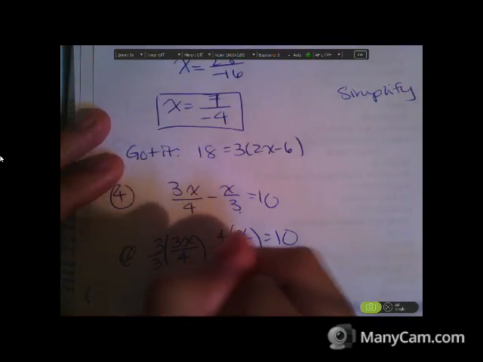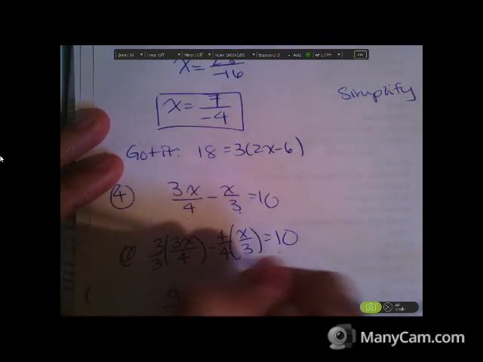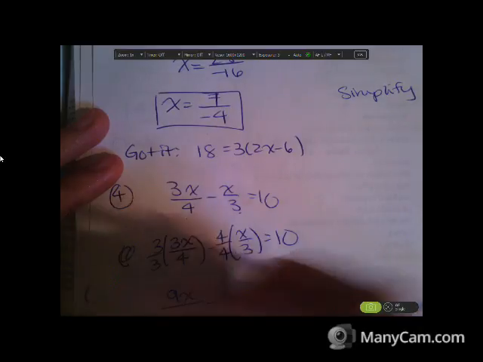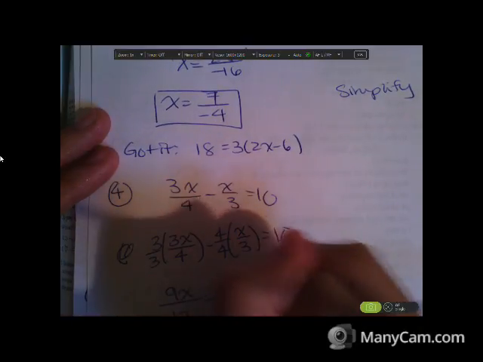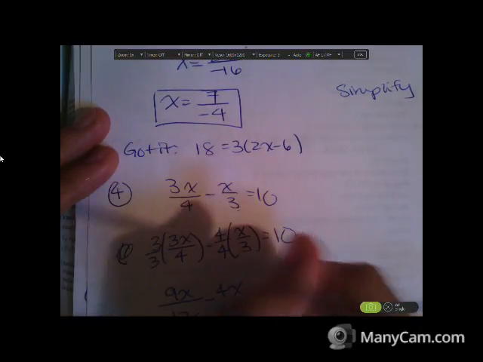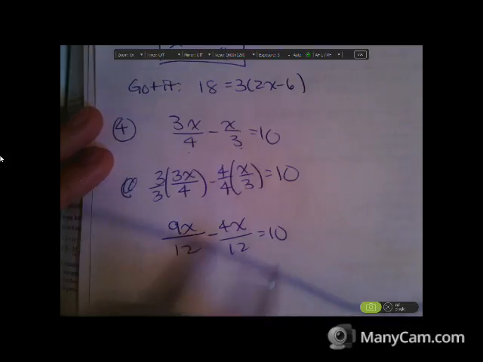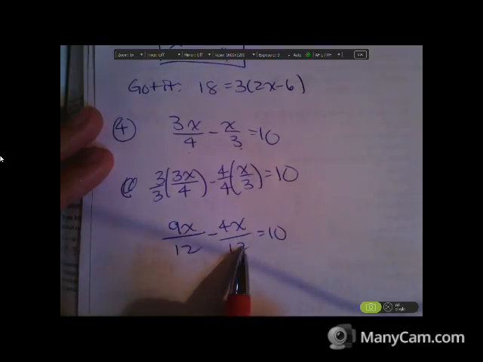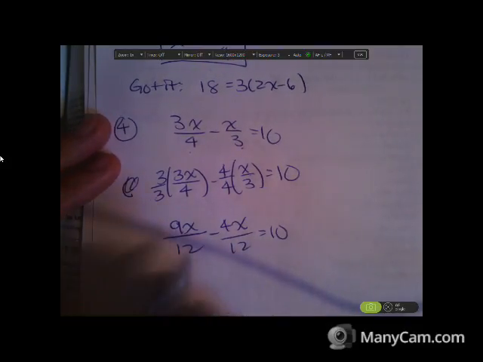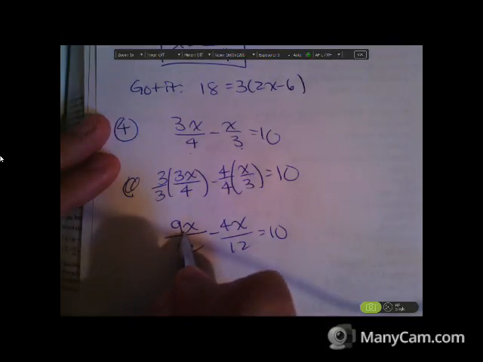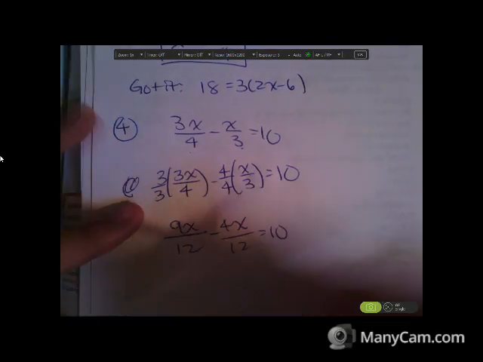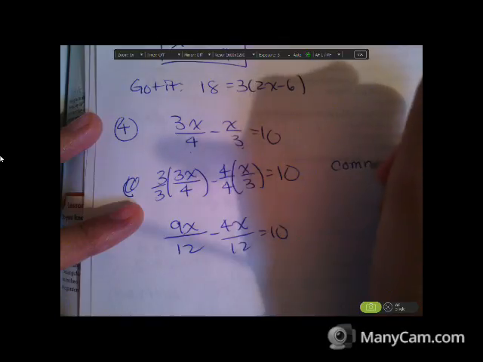So 3 times 3x is going to give me 9x, 3 times 4 is 12, minus 4x, 4 times x, and then 4 times 3 is 12, equals 10. And now what I want to do is I want to put these 2 fractions under one fraction. So 9x minus 4x. So we got a common denominator here.